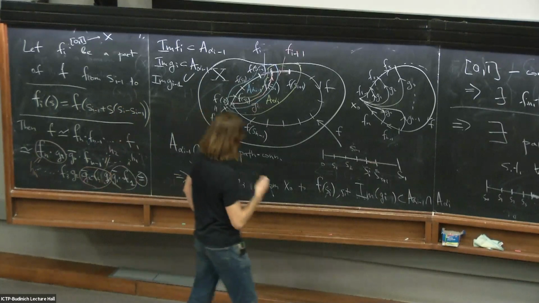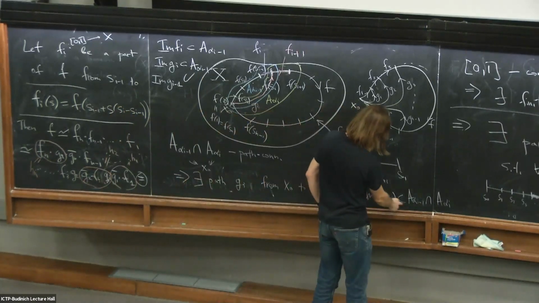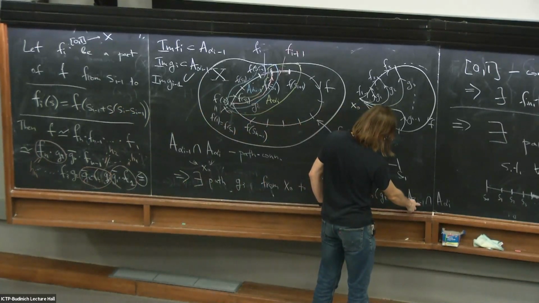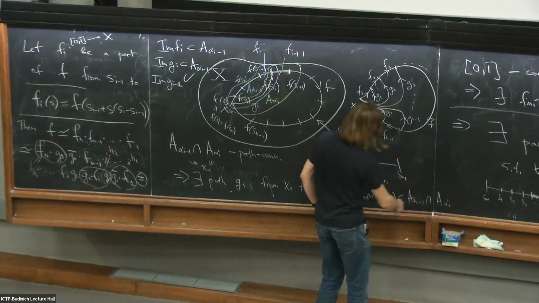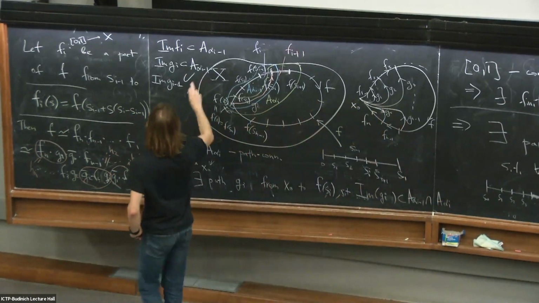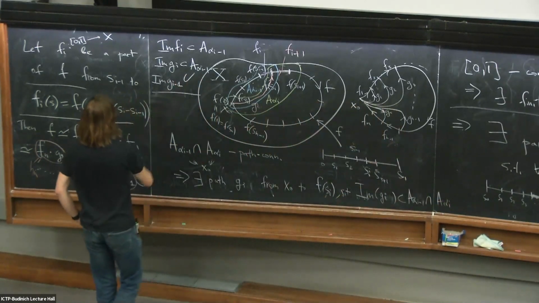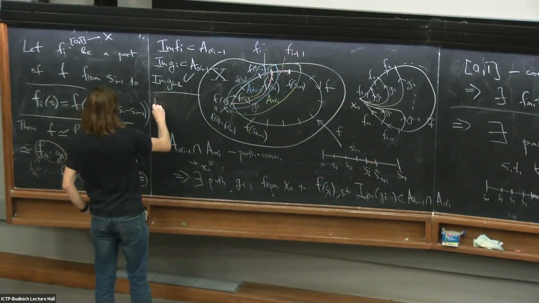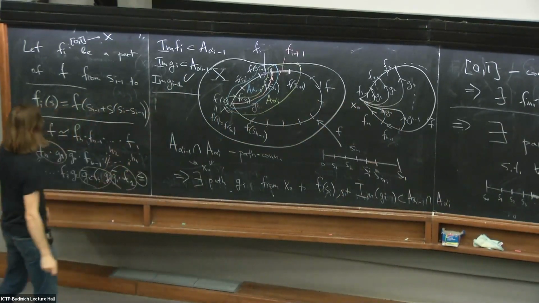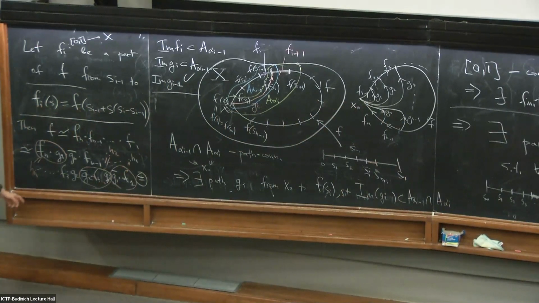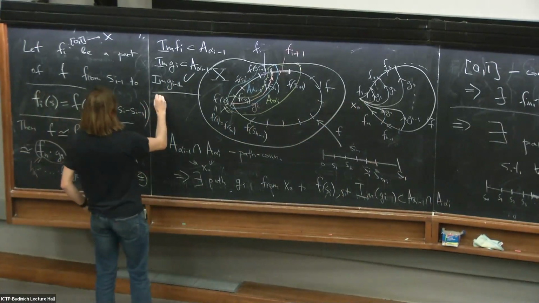Because if I change i to i minus 1 here, this belongs to alpha i minus 2 and alpha i minus 1. So in particular, it belongs to this thing. And so from this you can see that all Hi also belong to this thing.